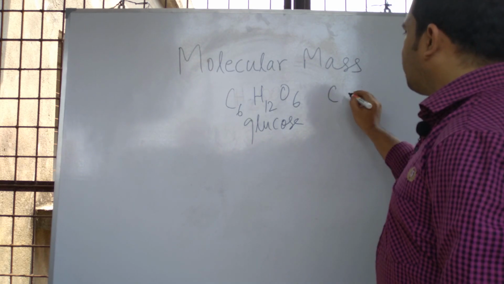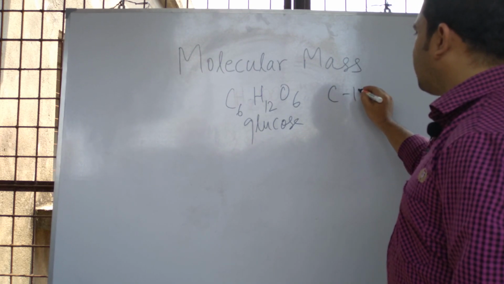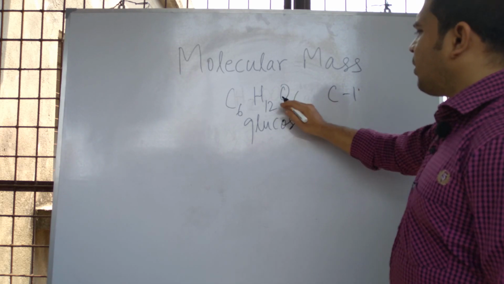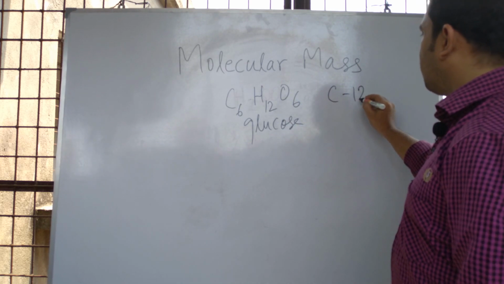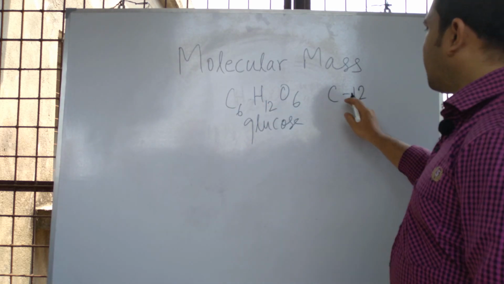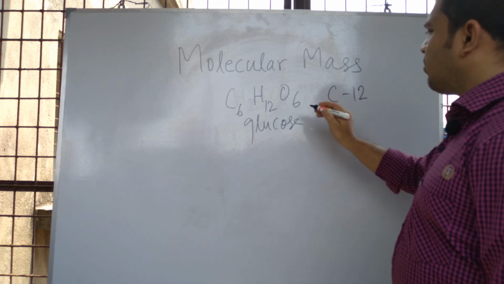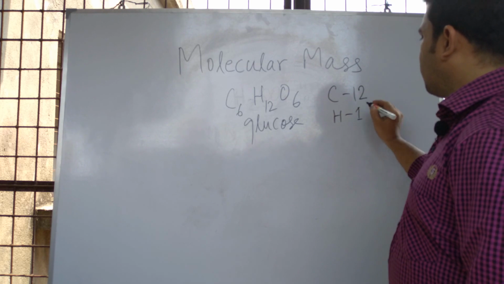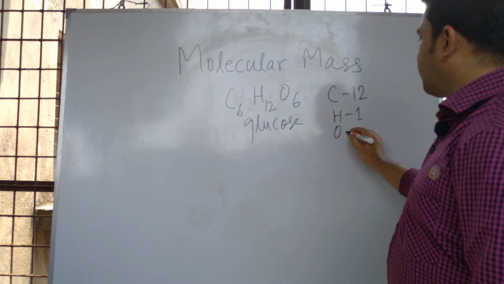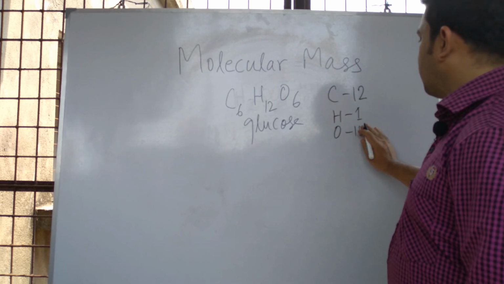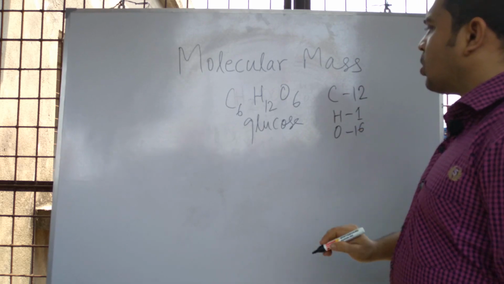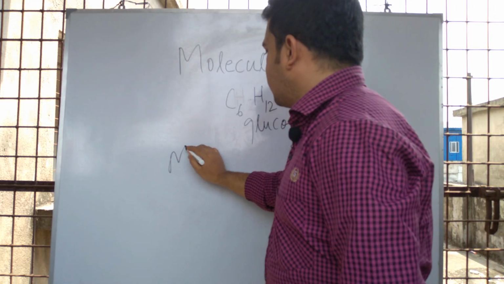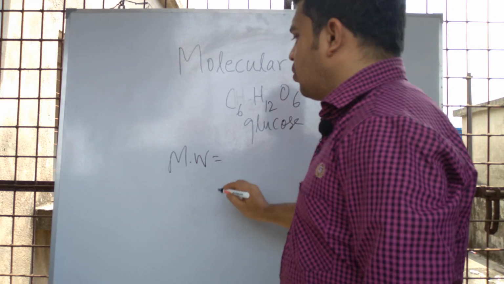So here we have to know the mass of each atom that is present in this glucose molecule. Carbon is present, which has the atomic mass of 12 gram, hydrogen is present, which has the atomic mass of 1 gram, and oxygen has atomic mass of 16 gram. So now the molecular weight calculation for glucose.